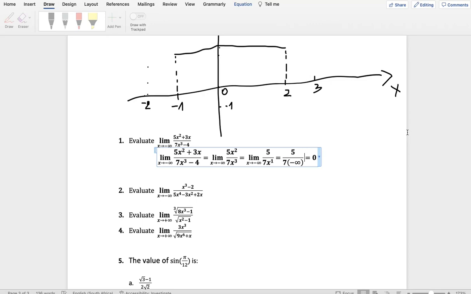And also when you divide a small number by a very negatively high number, so a very high number on the negative side, like minus 100 million or even minus a billion, it's still a very high number, but on the negative side. So it still gets closer and closer to 0. I'm not sure if it makes sense.